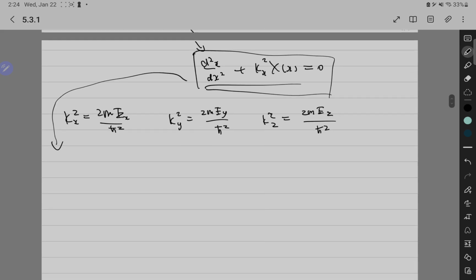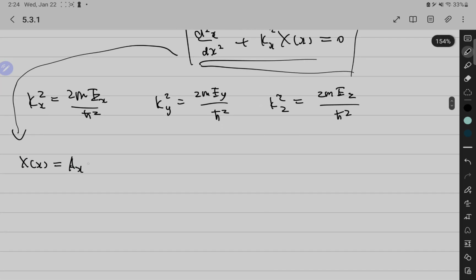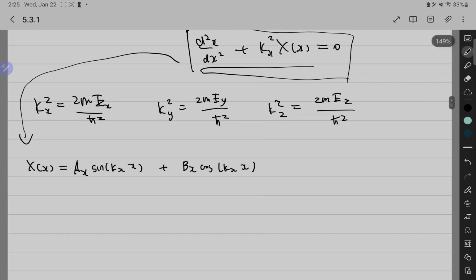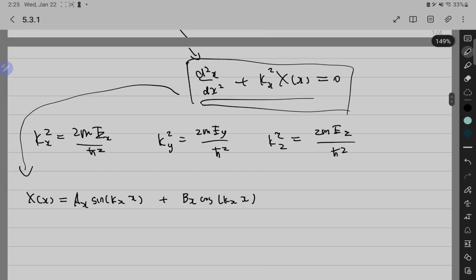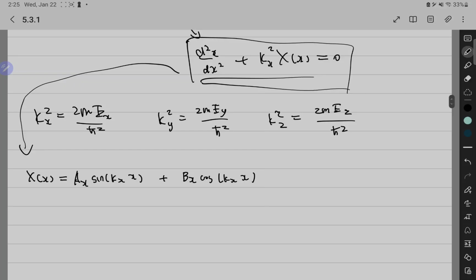So the solution to this differential equation is going to be X is equal to Ax sine kx x plus Bx cos kx x. So this is going to be the solution to our differential equation. The same applies to our y and z.